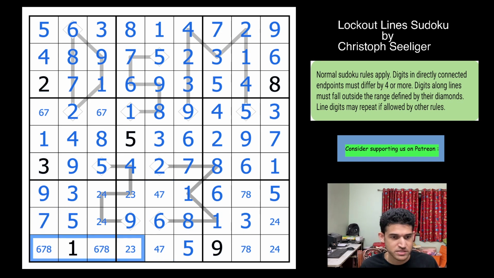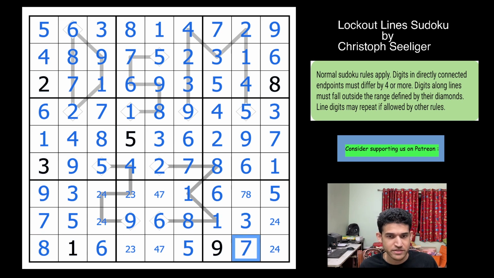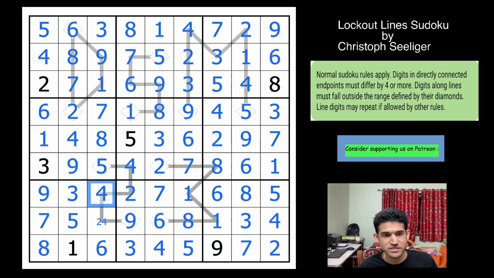This will be a 6, 8, oops, sorry, this will be a 6, 8, and that just erases through the solution. 6, 8, 7, 8, 7, 4, 4, 2, 3, 2, 4 and 2. I'm just rushing through to the solution here.